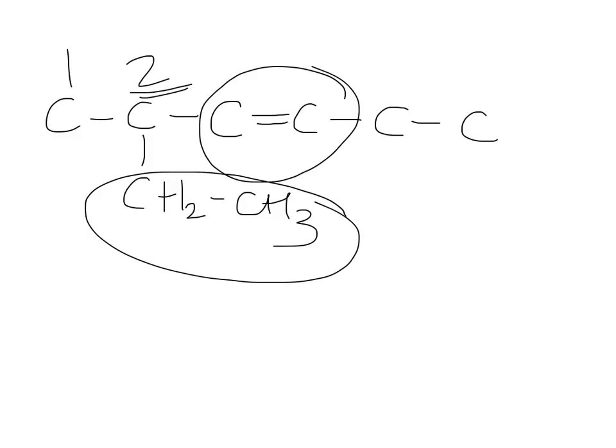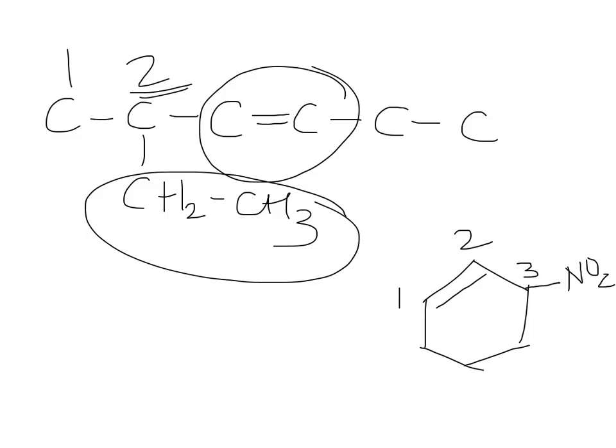Then if you see a cycloalkene, not cycloalkane, cycloalkene, your alkene should get the 1 and 2 in such a way that the substituent, let's say at 2 in this case, is getting the lowest number.